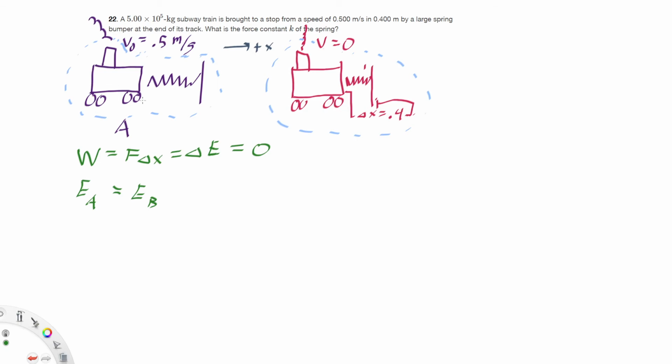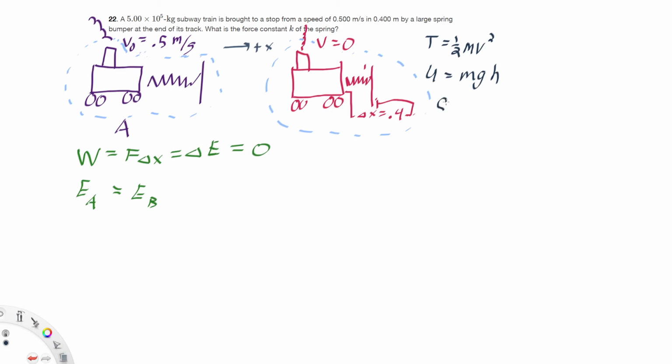So at A we have potential. And what kind of potential, right? Let's make a little note. We know about kinetic energy, it's 1/2 mv squared. We know about gravitational potential energy, mgh.